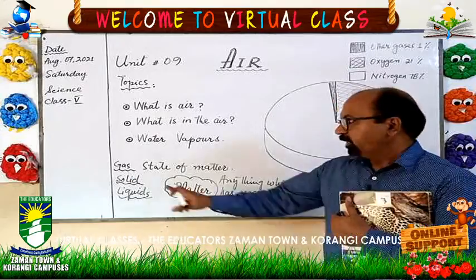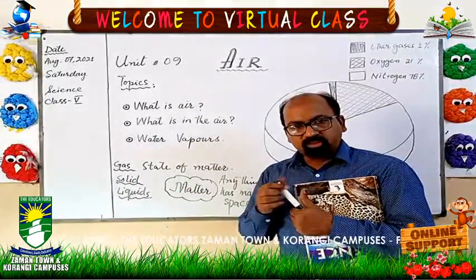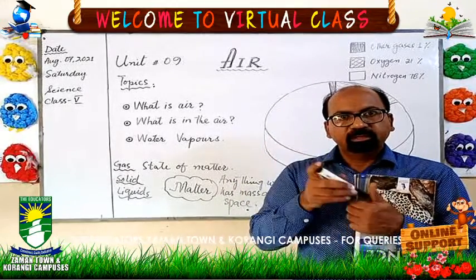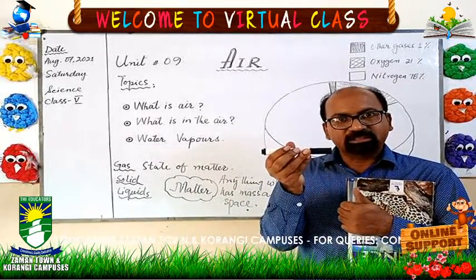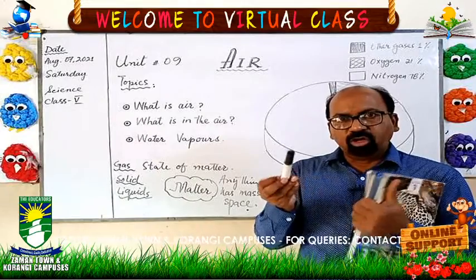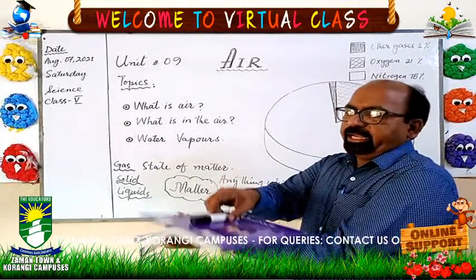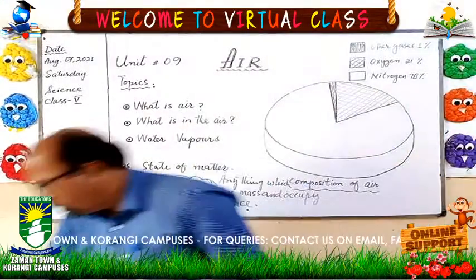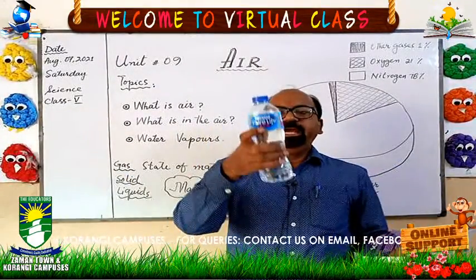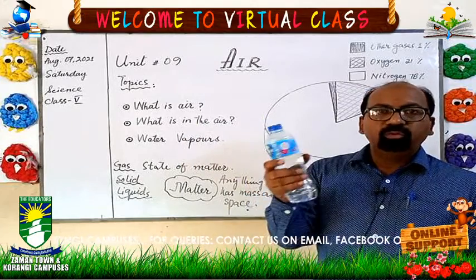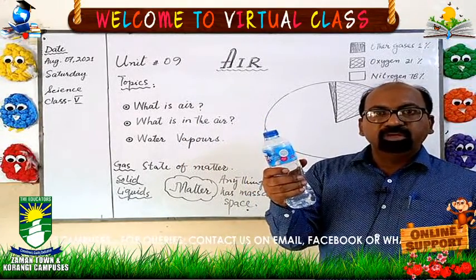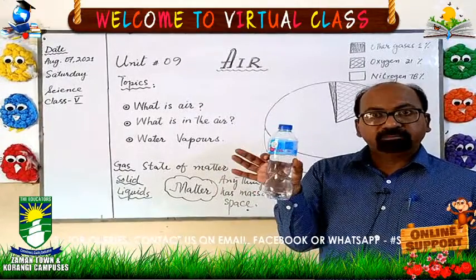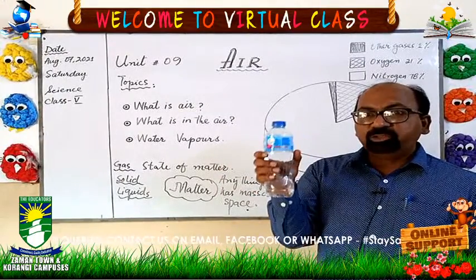Now, when we talk about a solid, yes, a solid has some mass. I can touch this mass. And it occupies space. Yes, it is covering some space. If we talk about water, yes, it has some mass, because an empty bottle does not have much weight.